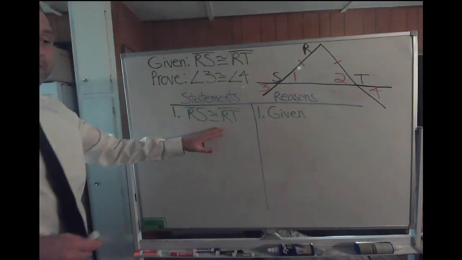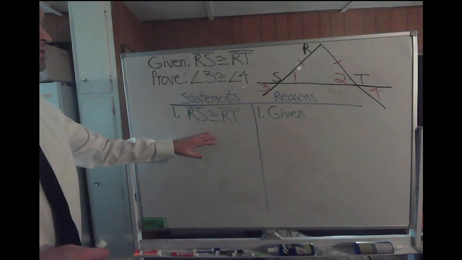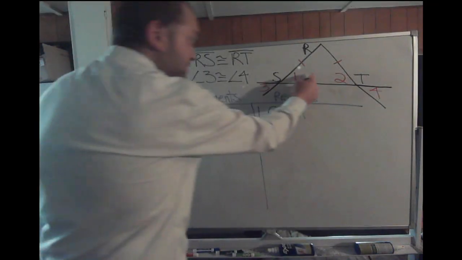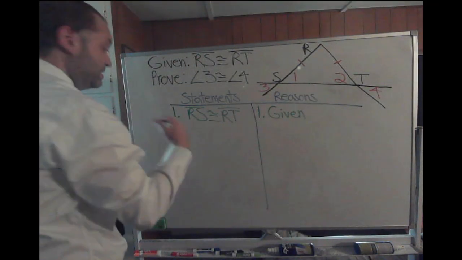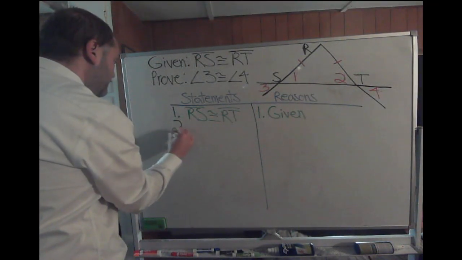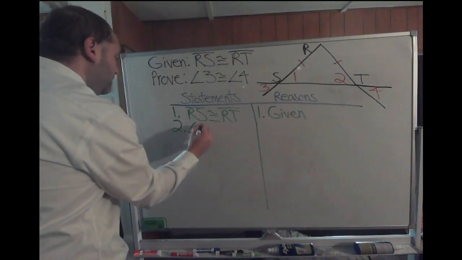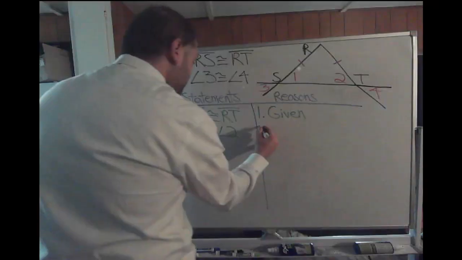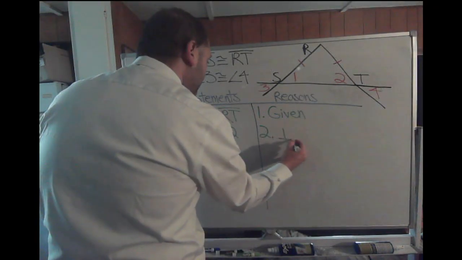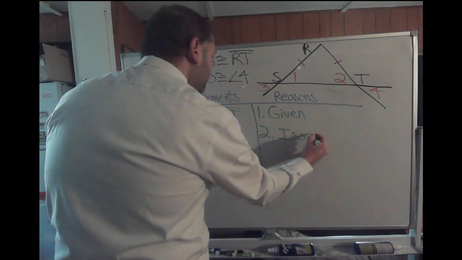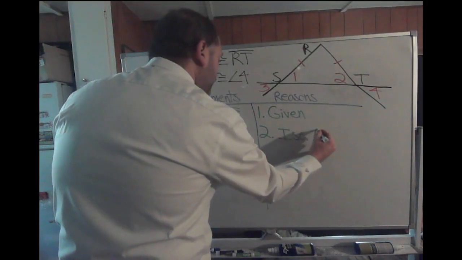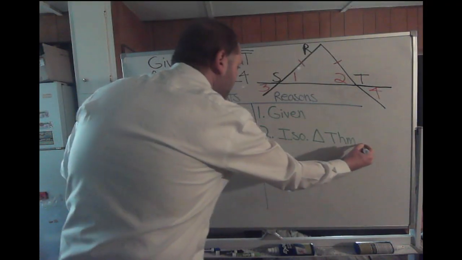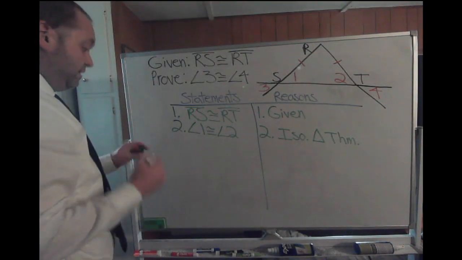Where can we go from here? Well, if RS is congruent to RT, that means the angles opposite those sides would have to be congruent. So next we can actually say that angle 1 is congruent to angle 2 by the Isosceles triangle theorem. So the reason for angle 1 being congruent to angle 2 is the Isosceles triangle theorem. And you could just abbreviate it how I had it here.